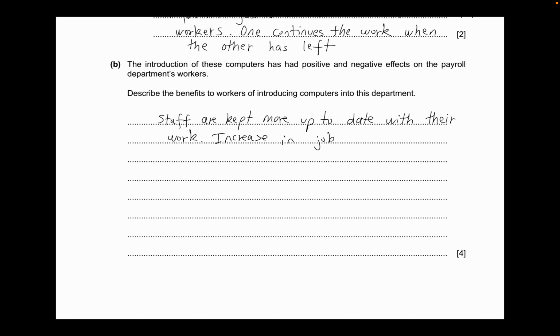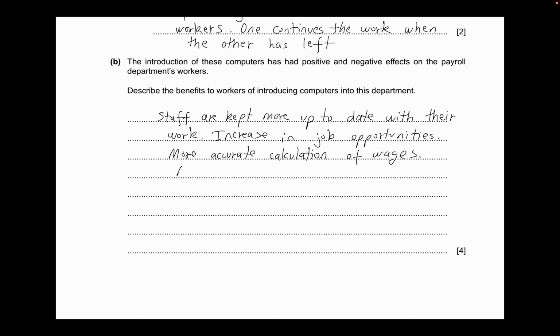You can mention that there's more accurate calculation of wages, meaning that there are fewer errors made in the calculations. And you can also mention that the manual tasks are reduced. Okay, these are some of the 4 points that you can write for 4 marks.